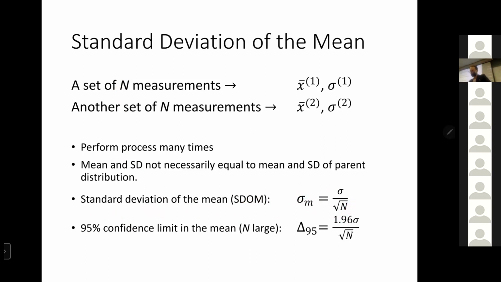So what would you expect? If you have one student who comes to lab and makes 20 measurements every day, takes the average, and reports their average from one day to the next, and another student who's maybe not quite so diligent and only takes 5 measurements each day and reports the average, which set of averages would you expect to have a larger standard deviation?